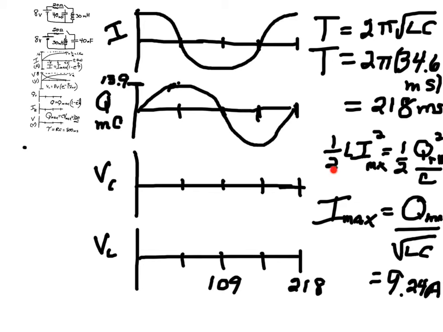We got the Qmax, and so we could use the equation that the voltage on a capacitor is equal to the charge on the capacitor divided by the capacitance. That's the equation you would use, and you would come up with the value that the voltage is 0.3464. So that's what it's going to charge to.